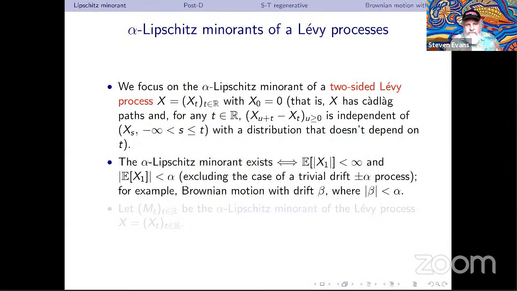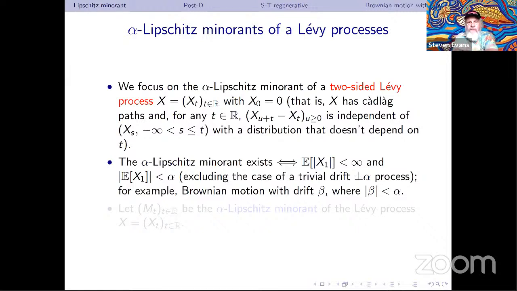Just from our observation about when the Lipschitz minorant of a deterministic function exists, it's not hard to see that the Lipschitz minorant of X will exist either almost surely or it won't exist almost surely.